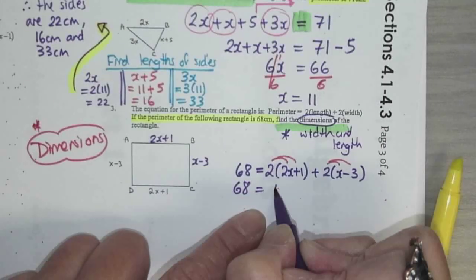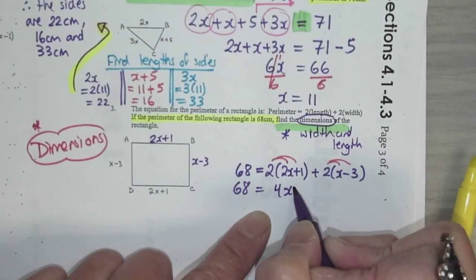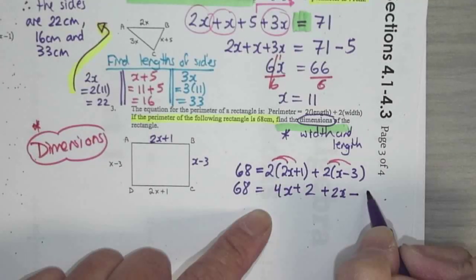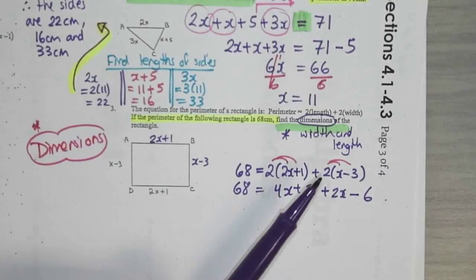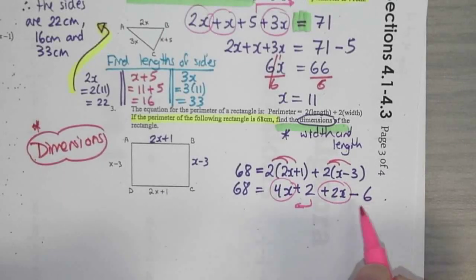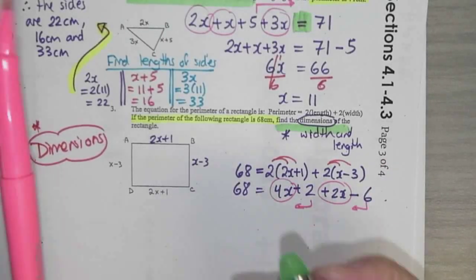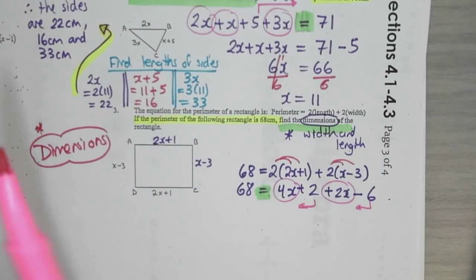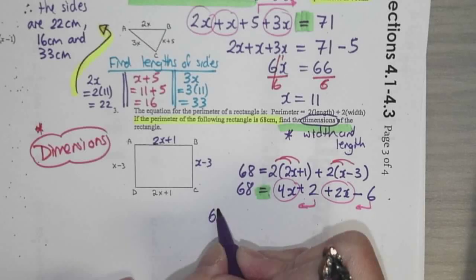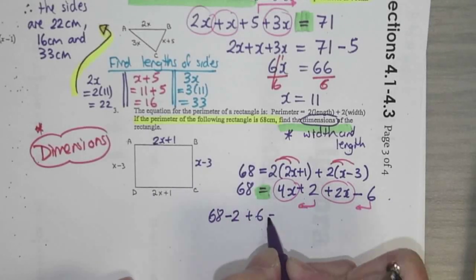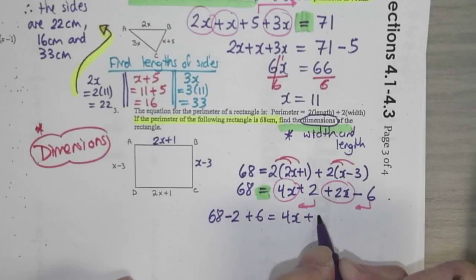So 68 equals 4x, so 2 times 2, plus 2, and 2x minus 6. Again, I'll go through a little faster here. These guys have to hop over the equal sign, right? This is my barrier. Okay, and then that means it becomes 68 minus 2 and plus 6 equals 4x plus 2x.